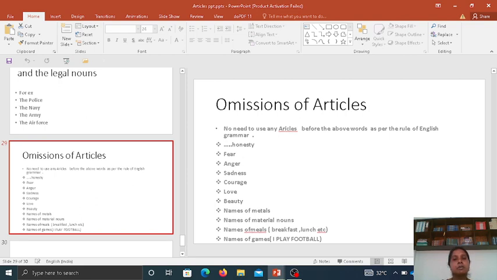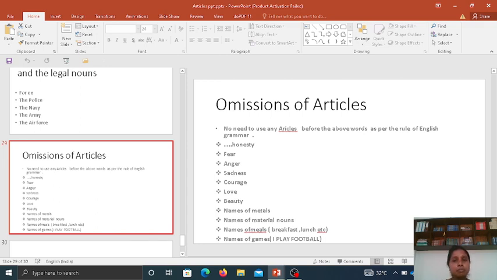Again, names of material nouns. Material means what? Sugar, then liquid things. We cannot use the water, the sugar, because these all are material nouns.